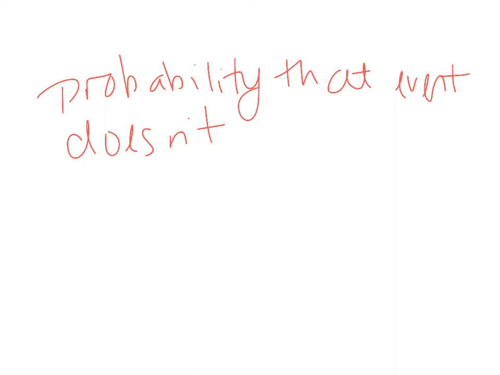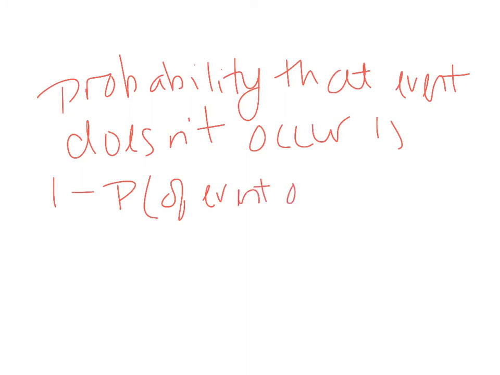So the probability of the event not occurring is 1 minus the probability of said event occurring. And those two things have to add up to 1. The probability of the event occurring and the probability of the event not occurring have to add up to 1 because the event's either going to occur or it's not going to occur. Okay, that is referred to as the complement.